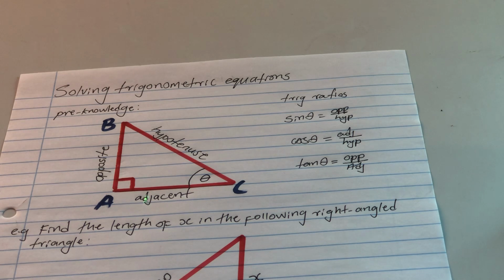Cos is adjacent over hypotenuse. That's our cos. Whereas tan is opposite over adjacent. So let's use this knowledge to answer the following question.